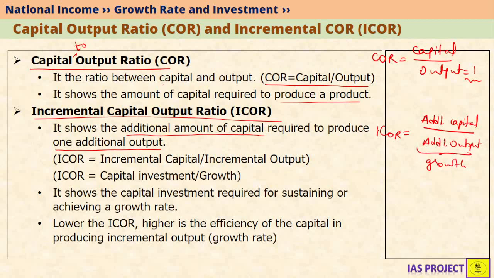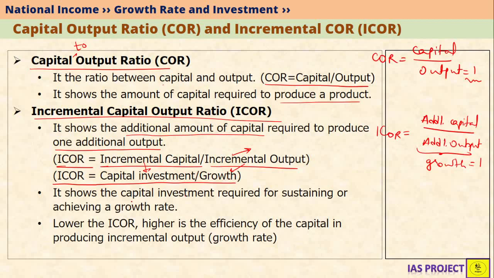So ICOR is nothing but whatever is the additional capital that is required to produce a single unit of income growth. So ICOR can be written like this: incremental capital divided by incremental output. Incremental, that is nothing but additional capital divided by additional output. Or ICOR is nothing but capital investment divided by growth, because incremental capital is nothing but new capital investment or additional capital investment, and incremental output is nothing but economic growth.